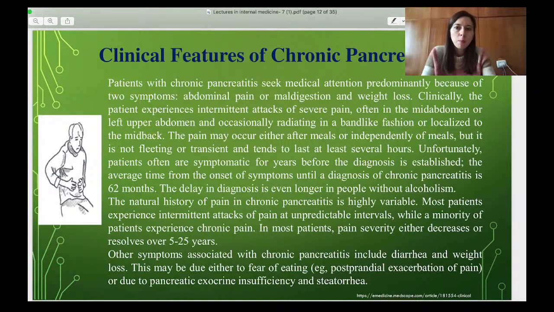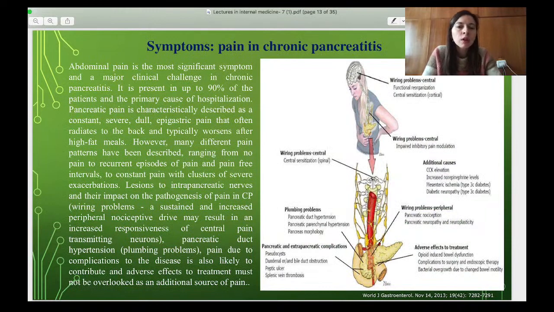And what about the main symptoms in patients with chronic pancreatitis, about pain? Abdominal pain is the most significant symptom and a major clinical challenge in chronic pancreatitis. It's present in up to 90% of patients and is the primary cause of hospitalization.